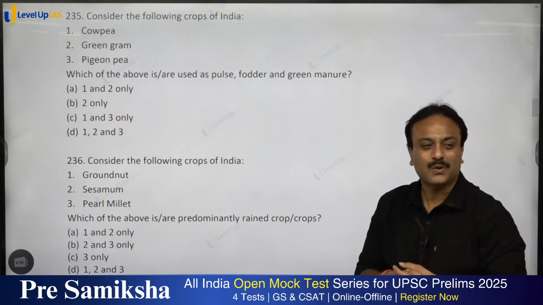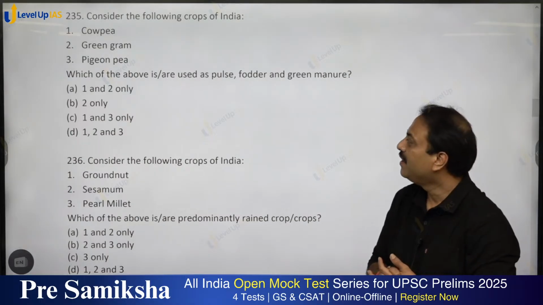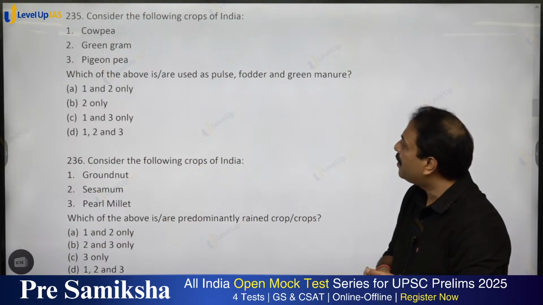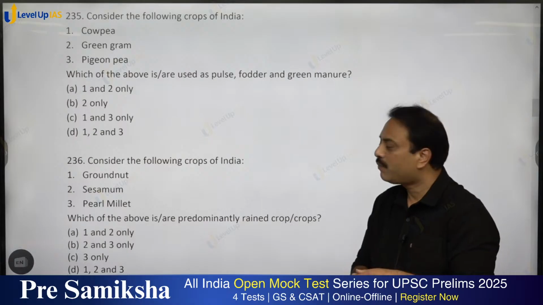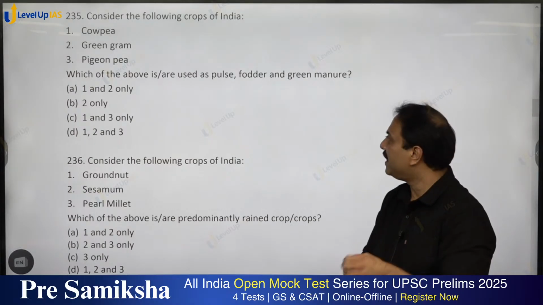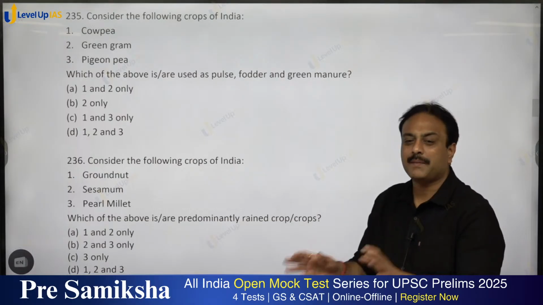Tur. Tur. Related to arhar, not exactly arhar. Okay, you can say that. The question asked is, which of the above is used as pulse, fodder, animal feed, green manure? Which of the above can be used? All three can be used.